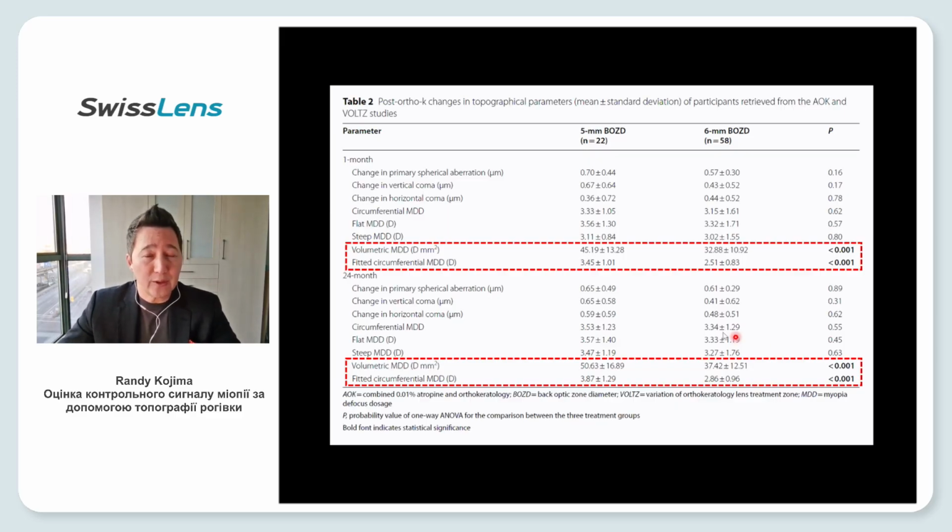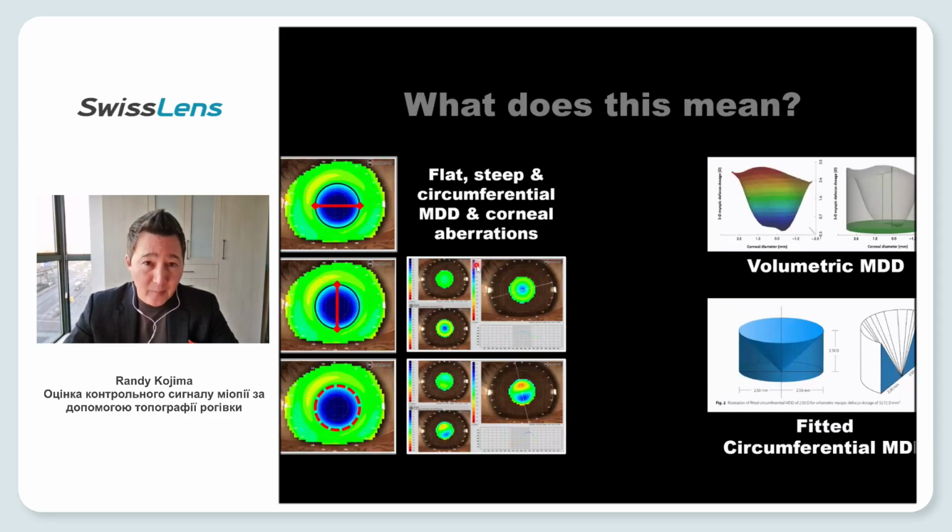It works out that the two that were most effective were the volume of power and the circumferential myopia defocus dosage, the cone of power. So these two were most effective at determining which patients would have a good effect from myopia control ortho-K and which ones would not.